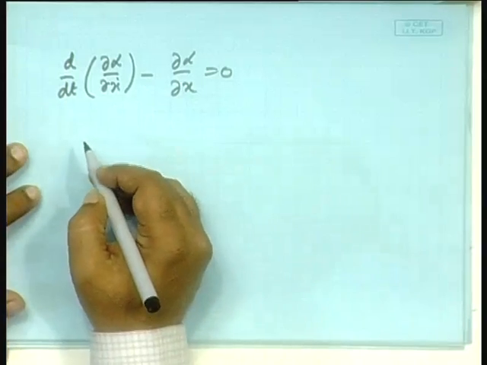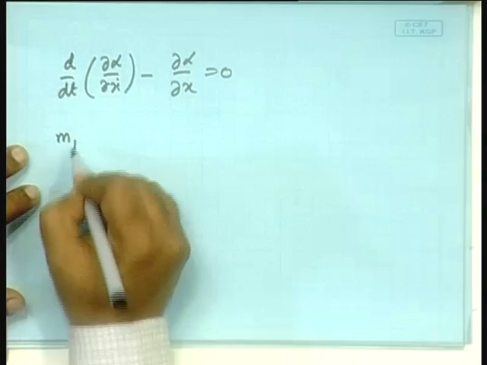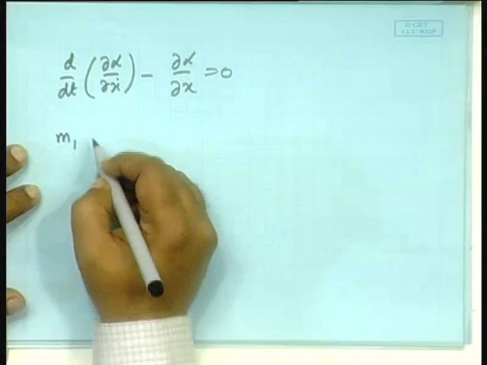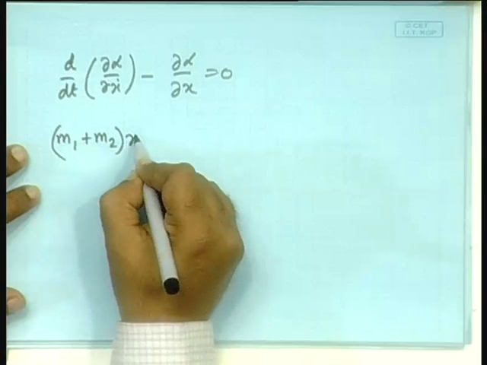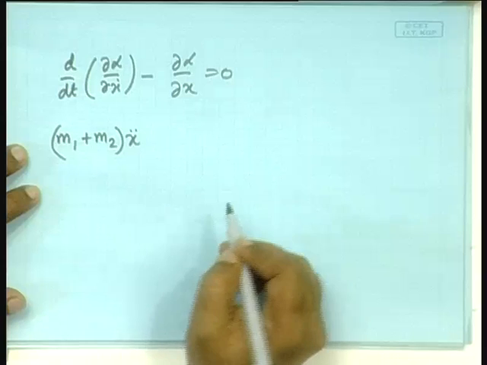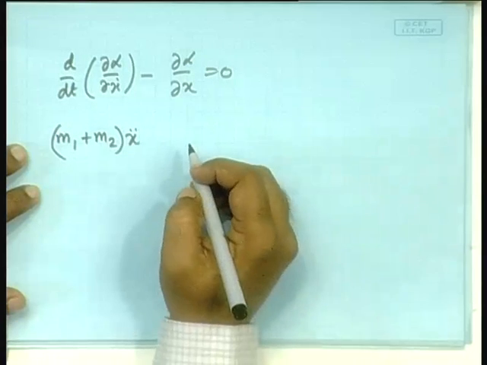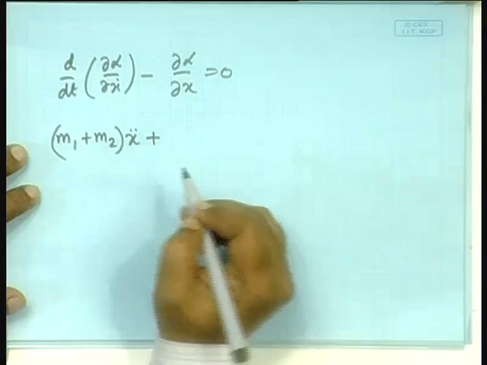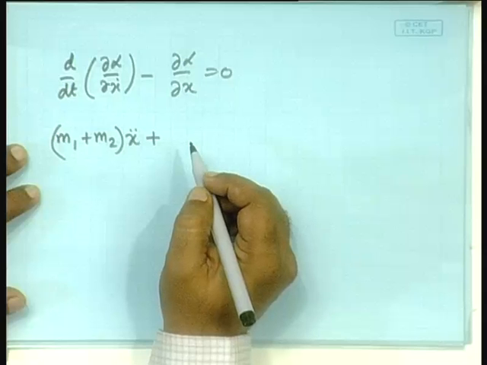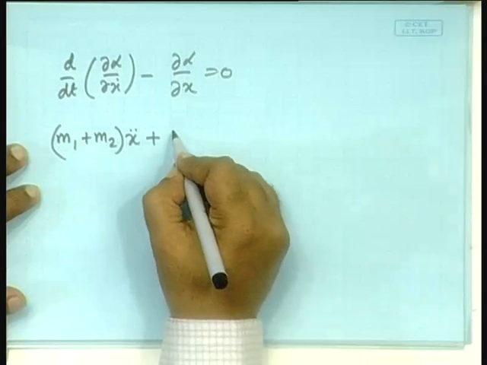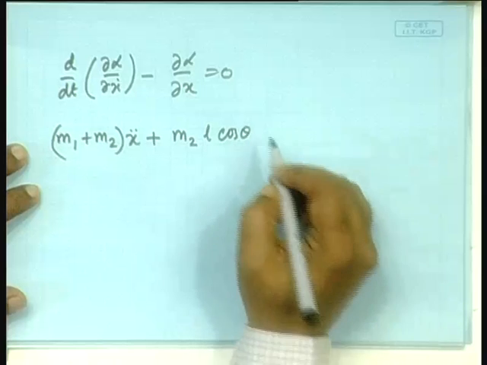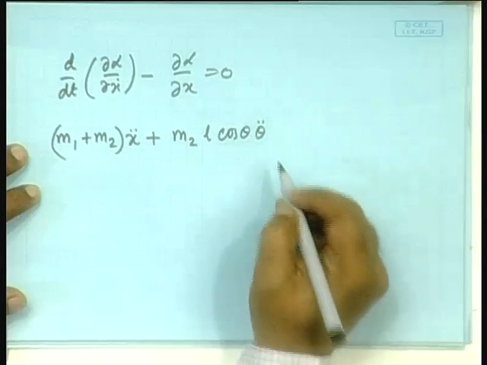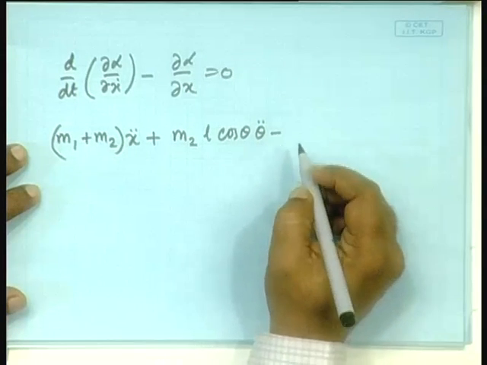It will be m1 plus m2 x double dot plus m2 L cos theta theta double dot, minus m2 L sin theta.